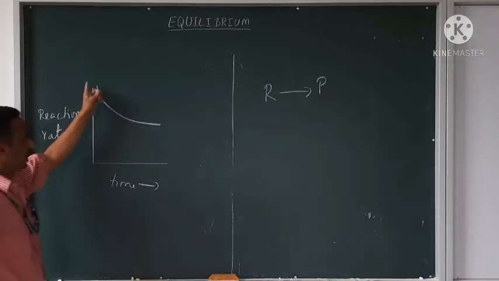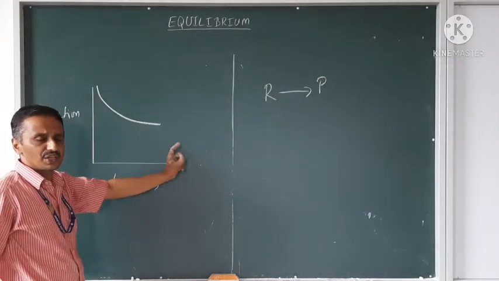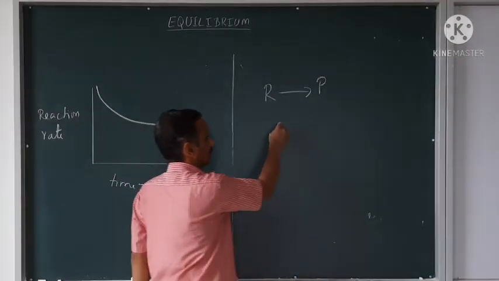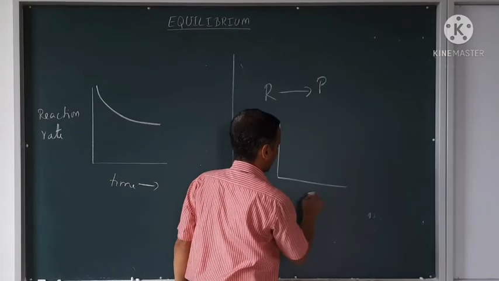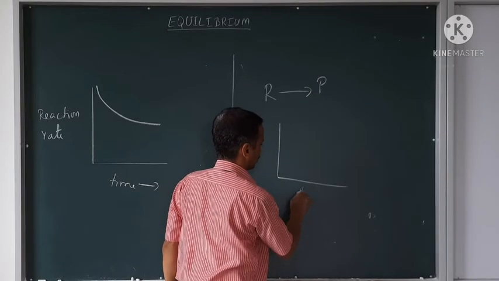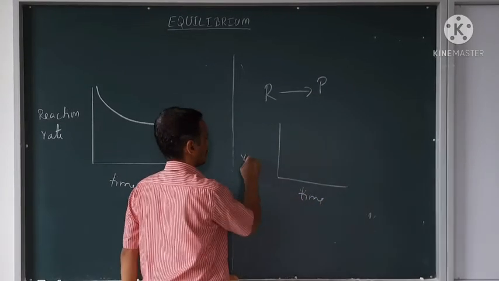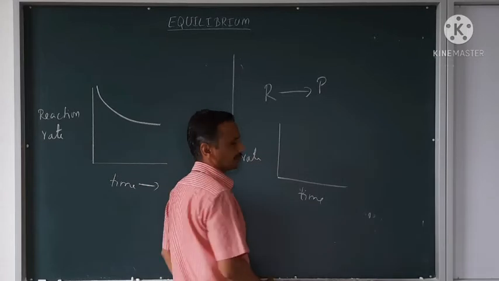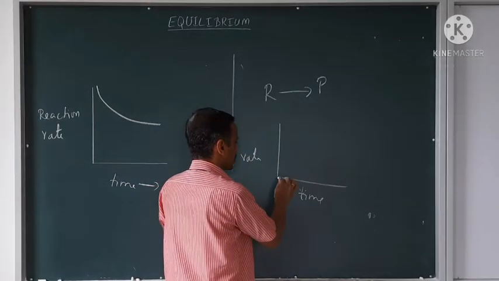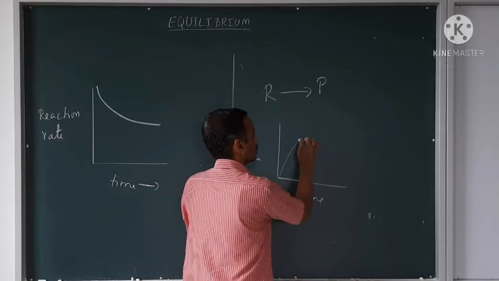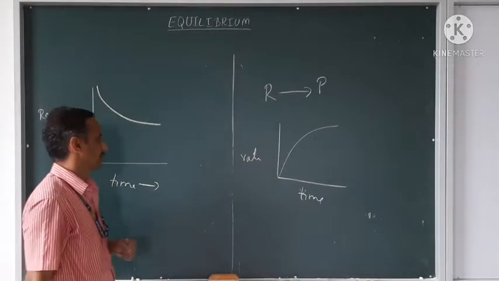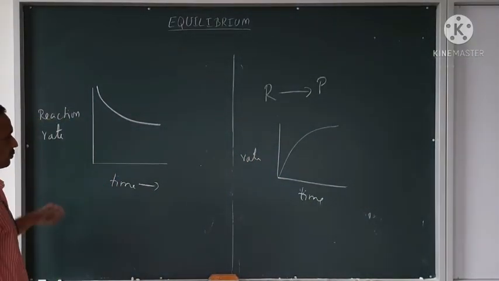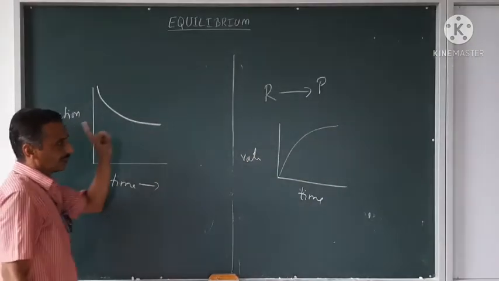Now for the product, if you go for time versus rate, what about that? As the time passes, in the beginning it was 0, it goes on increasing. So this is for reactant, this is for product.